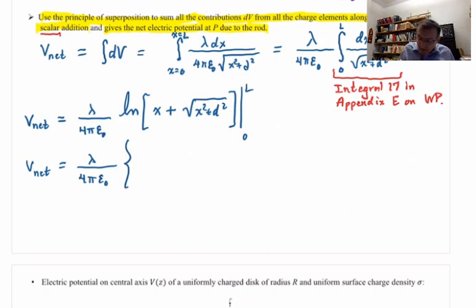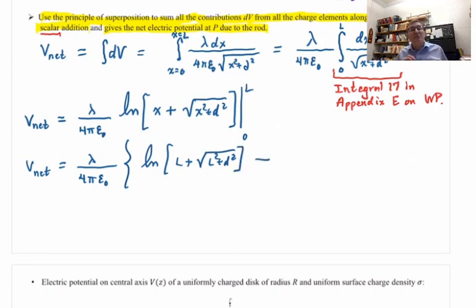Okay, for the upper limit, we substitute in x equals L inside the logarithm. So we'll have the log of L plus square root of L squared plus d squared. Then minus, and now we'll substitute in x equals 0 inside the logarithm. You see that's going to simplify to, all you're going to have left inside the logarithm is the square root of d squared, which is just d.